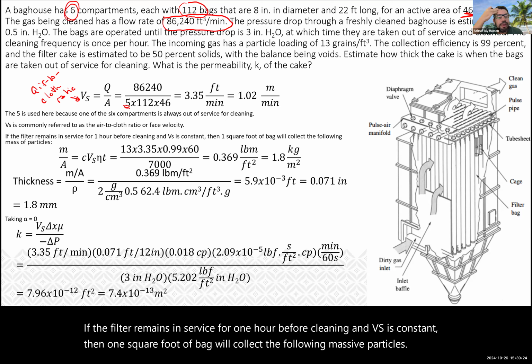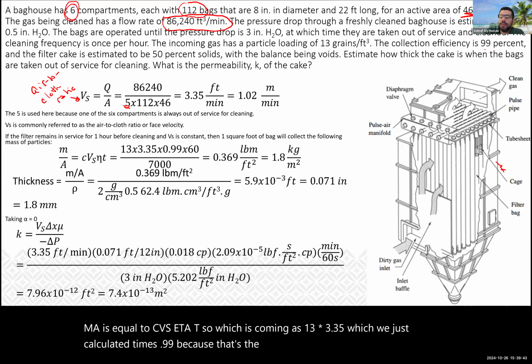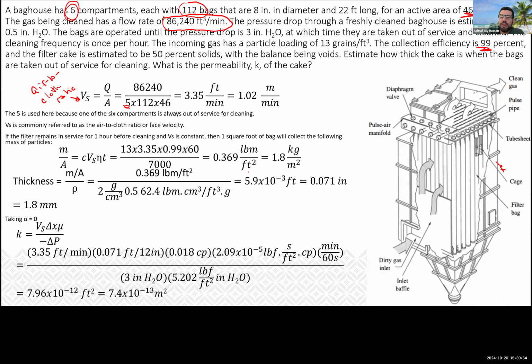M over A is equal to C Vs eta T, which is 13 times 3.35, which we just calculated, times 0.99, because that's the efficiency, times 60, and that's per feet square, which gives 0.369 pound mass per feet squared, equal to 1.8 kilograms per meter square.